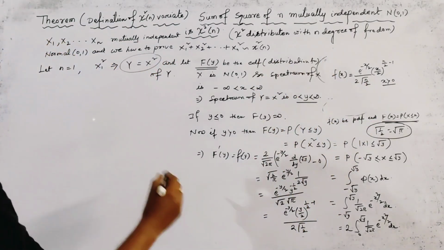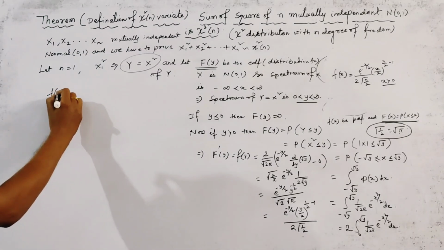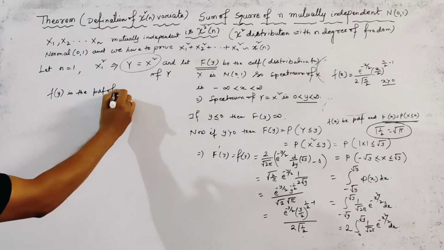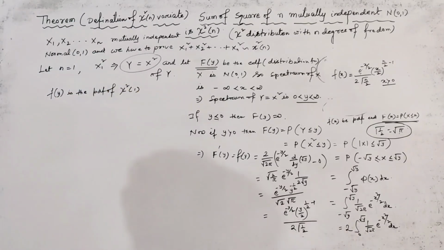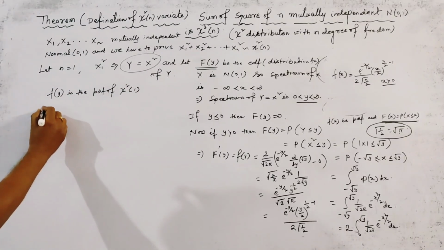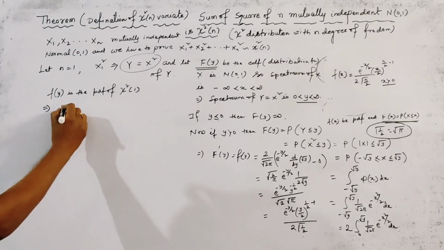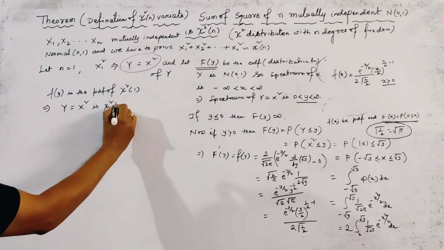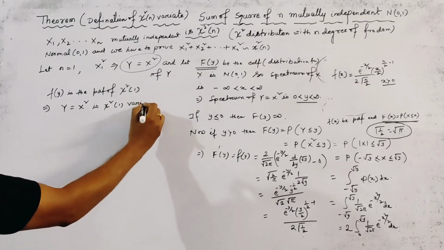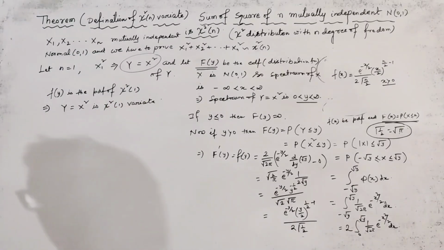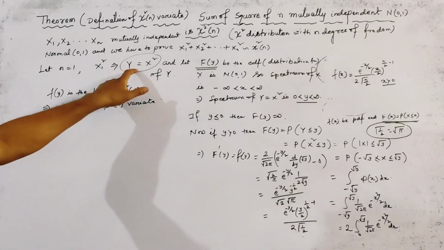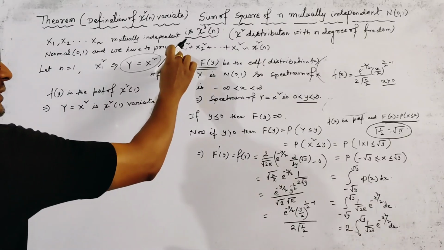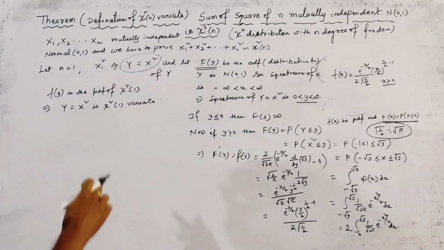So we say that f of y is the PDF of Chi-Square 1. Okay, and this implies that y, which is equal to x square, is a Chi-Square 1 variate. Okay, so if we take only one normal 0 1, then the square of this normal 0 1 becomes Chi-Square 1.